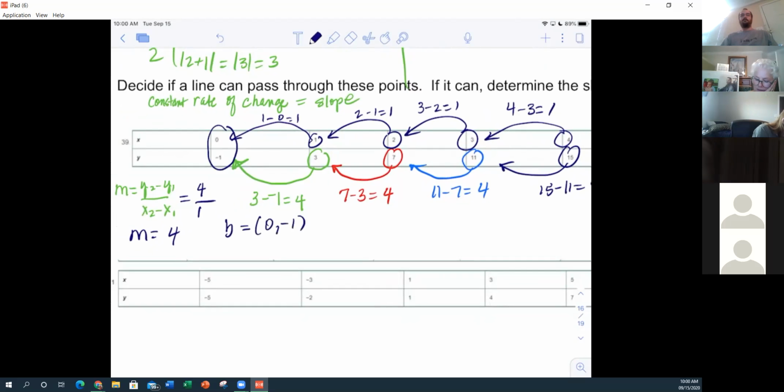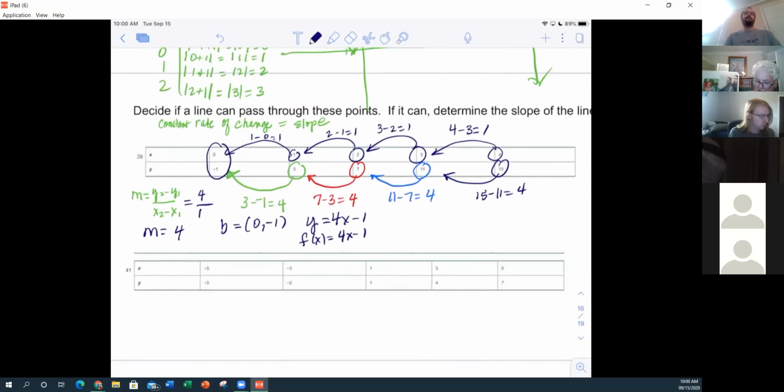So what is the equation of this line? Y equals 4x minus 1. Beautiful. Now they want us to write this in function notation. So f of x equals 4x minus 1. Yeah, same thing.